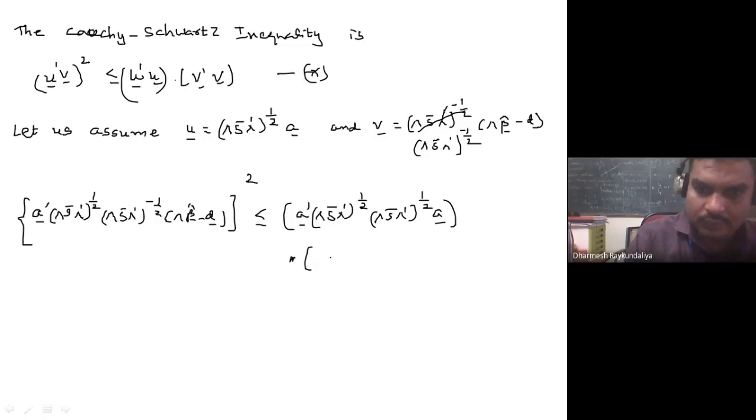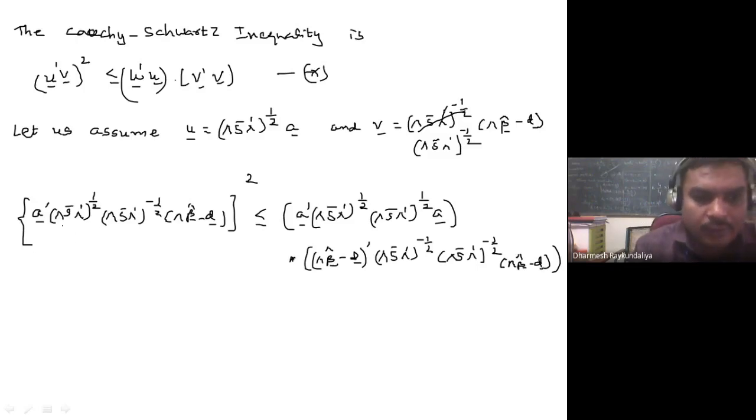V is equal to this, so what is v dash? V dash is nothing but lambda beta minus d transpose lambda s bar lambda dash raised to minus half, and again you have a v, so that is lambda s bar lambda dash raised to minus half lambda beta cap minus d.